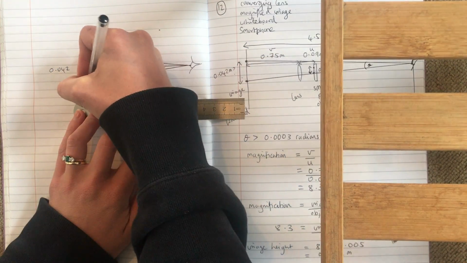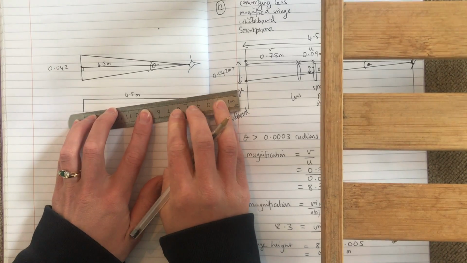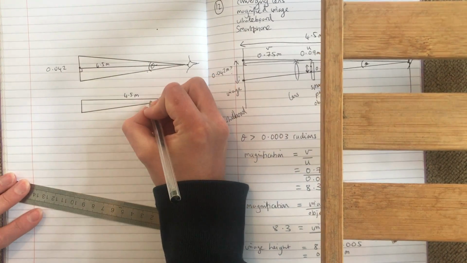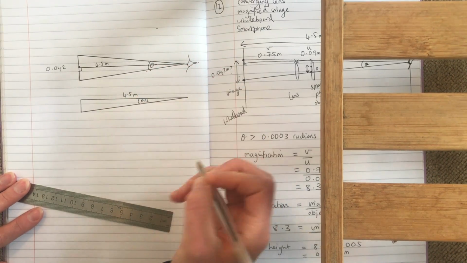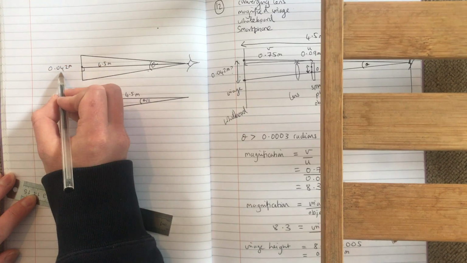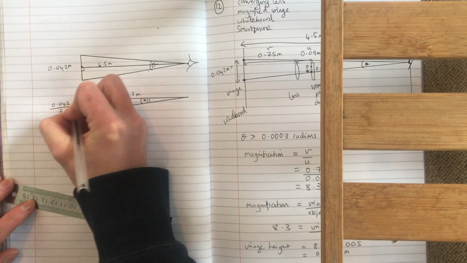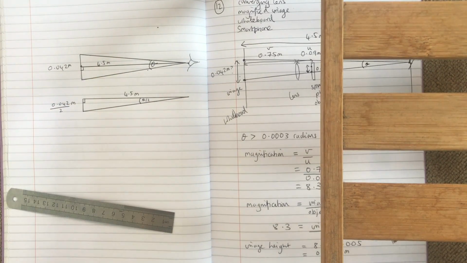That's 4.5 meters from here to here. This is now theta over 2, because it's half of this angle. And this length here, which was 0.042, is now 0.042 divided by 2 meters. And that's a right angle.